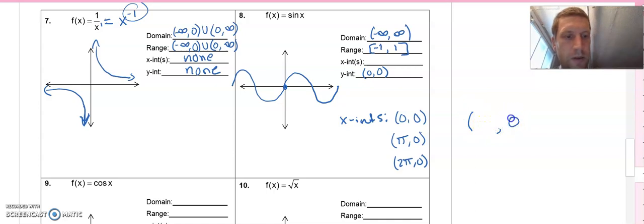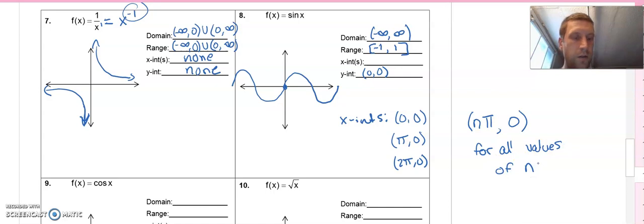It's always comma 0, and then if you're increasing by pi every time, we can say n pi comma 0, and this is for all integer values of n.